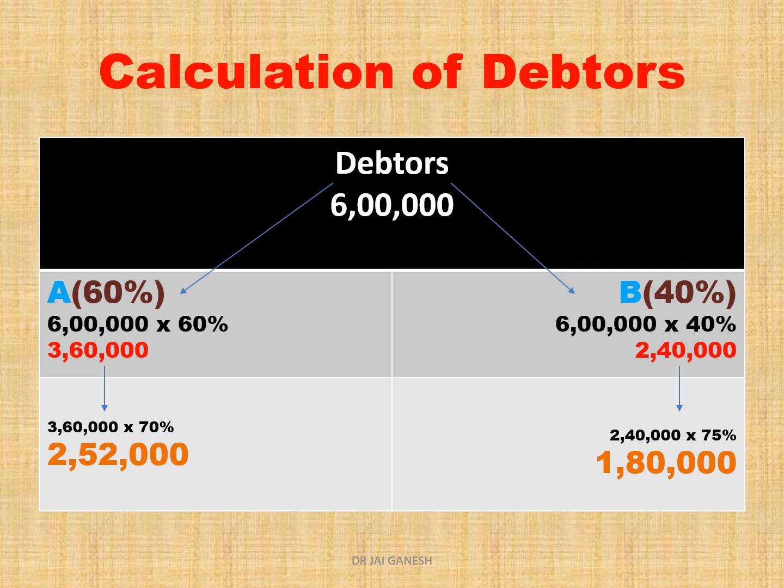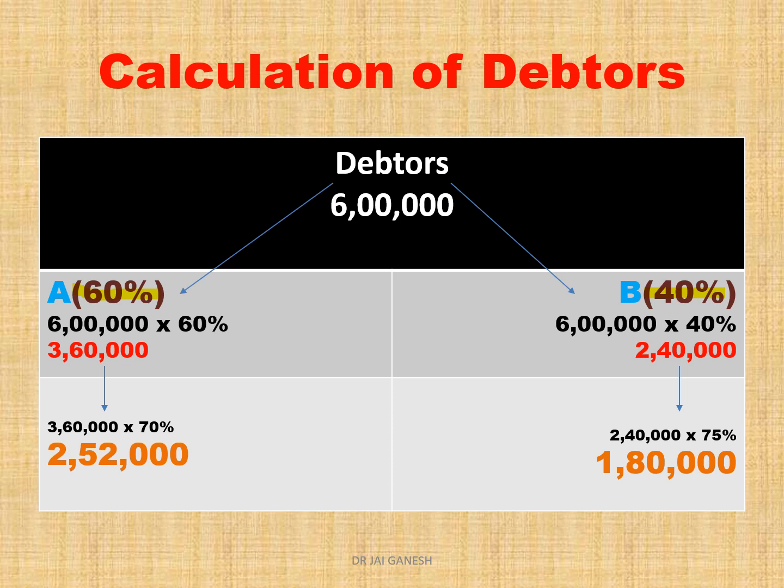This is a detailed aspect of the calculations. What does this calculation say? Total debtors is 6 lakh. 60% A takes, then 40% B takes. 6 lakh into 60% is 3,60,000.